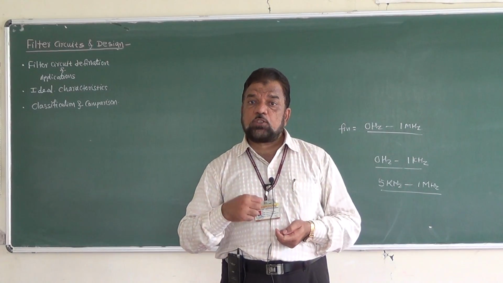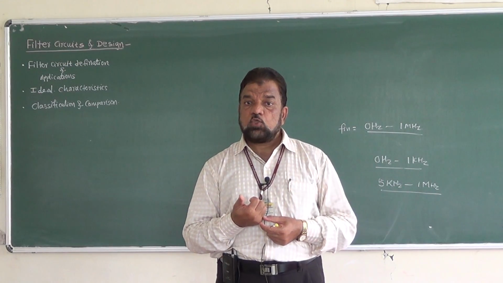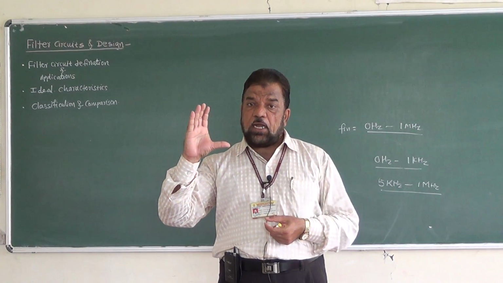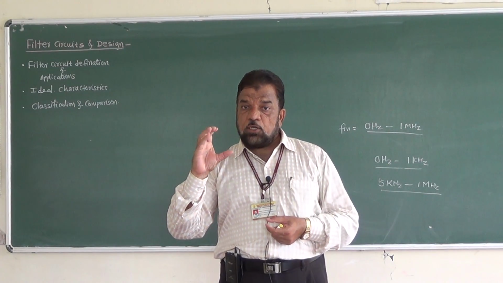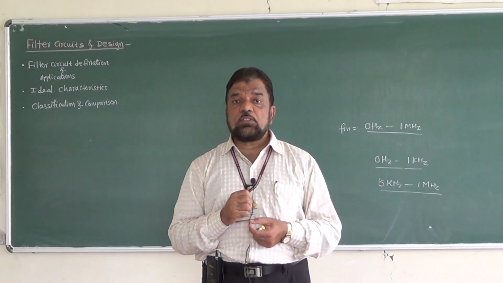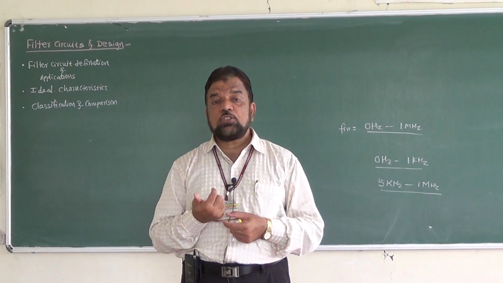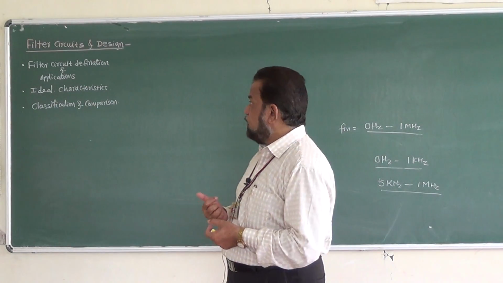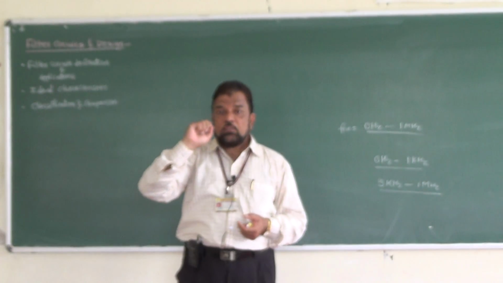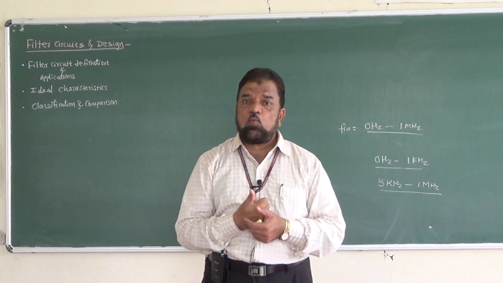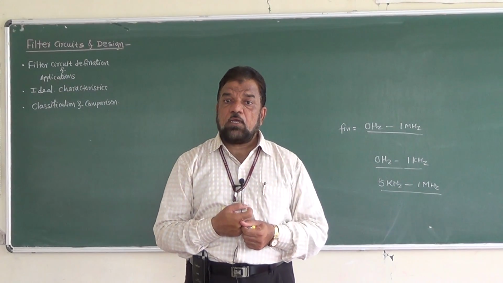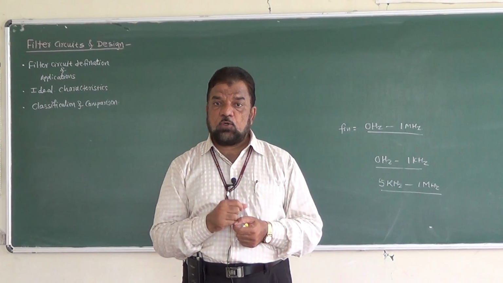Attenuation is opposite to amplification. In amplification, we increase the strength, whereas in attenuation, we reduce the strength. That means attenuation stands for opposition. Okay, so when I am listing the ideal characteristics of a filter, there exists at least one range of frequencies where attenuation is 0.